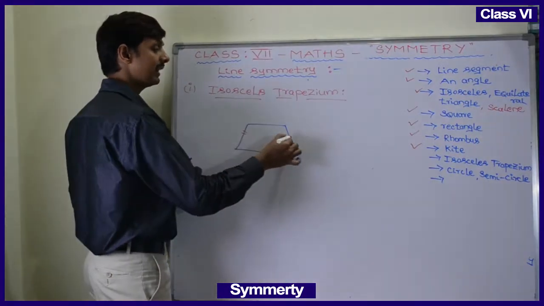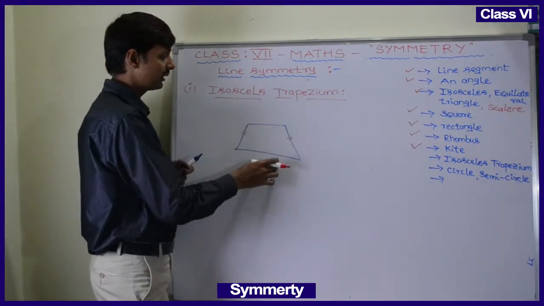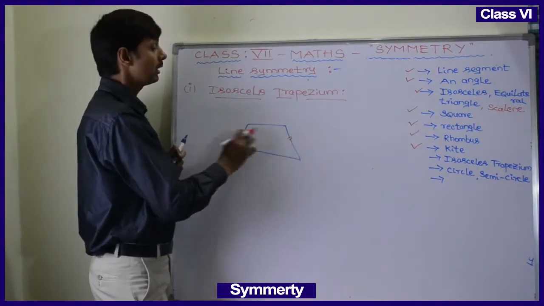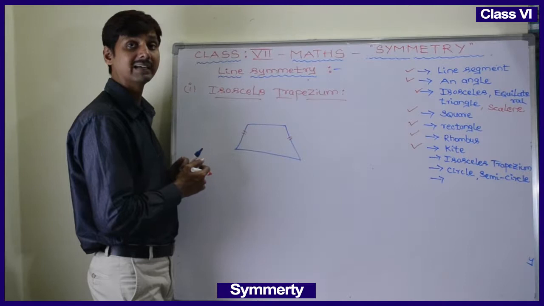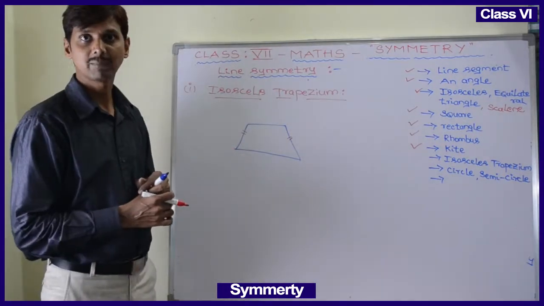These are the non-parallel sides of the trapezium. The parallel sides are these two, opposite to each other. These two are parallel sides and these two are non-parallel sides. When the non-parallel sides of a trapezium are equal, we call the trapezium an isosceles trapezium.